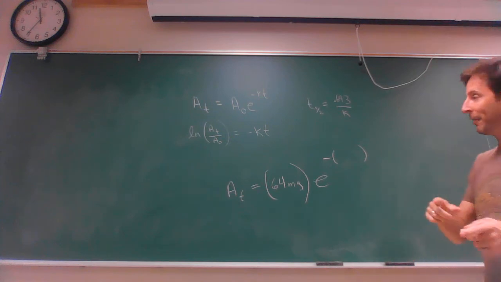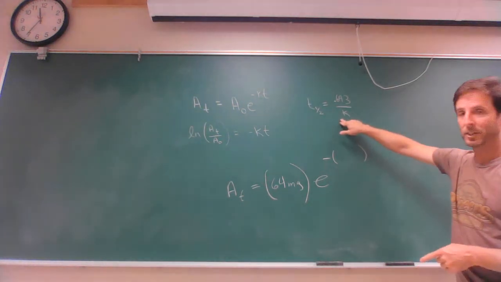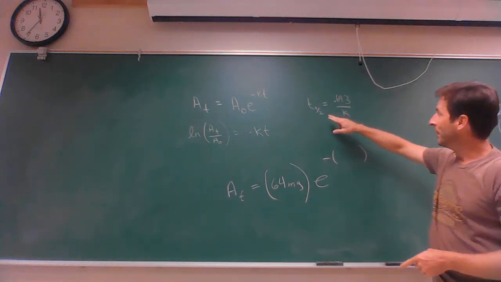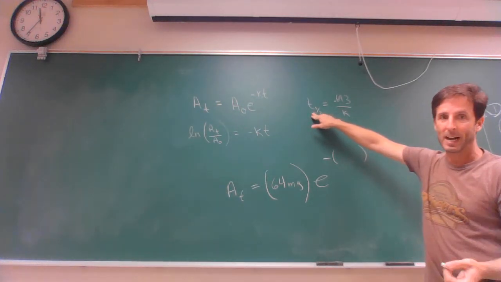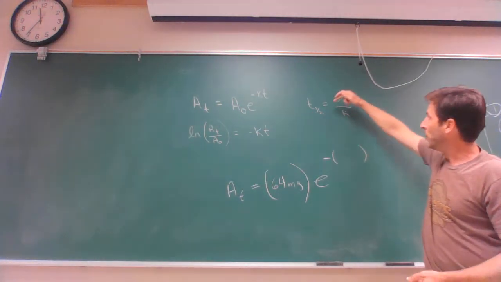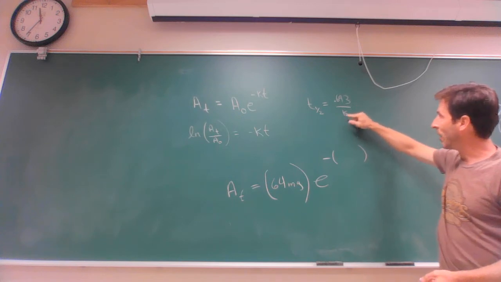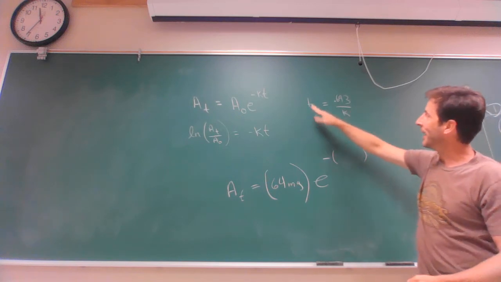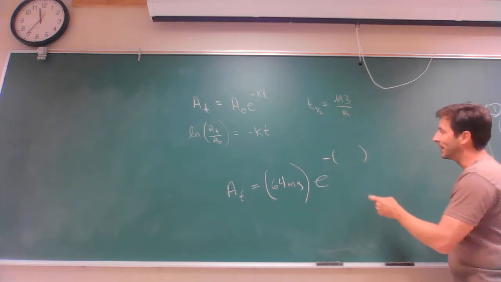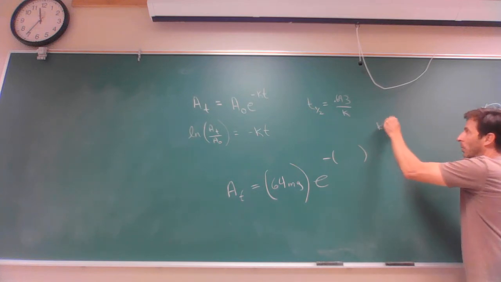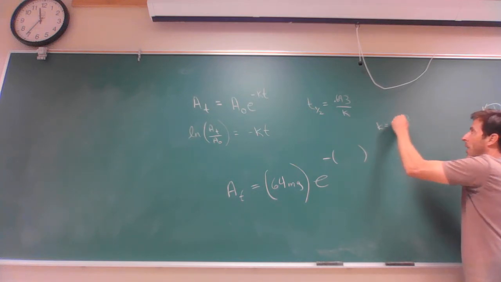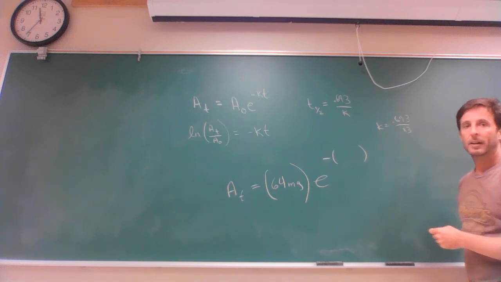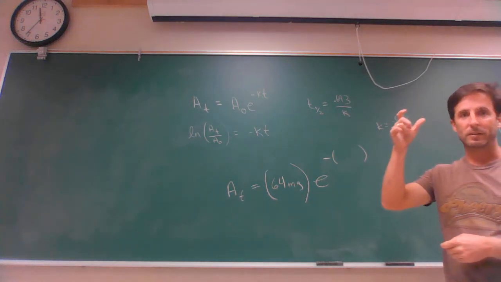They did give me the half-life, though, so I can use this equation to find k. The half-life is 13 hours equals 0.693 over k. I can solve for k. So I multiply k over, divide by the half-life. So in this case, k is going to equal 0.693 over 13. And the units will be hours to the minus 1.